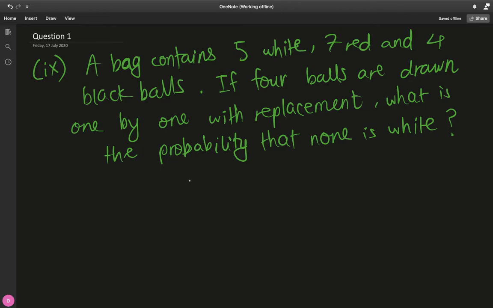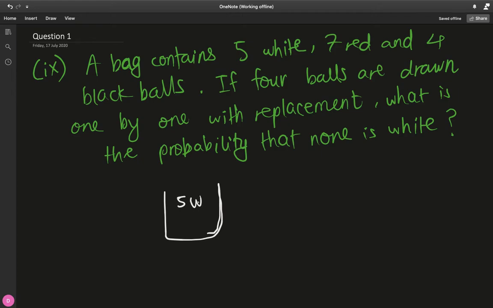Okay, so subpart 9, a bag contains 5 white, 7 red and 4 black balls. If 4 balls are drawn one by one with replacement, what is the probability that none is white? So we have a probability question now. None is white, so we need to separate between white and non-white balls. Let's have, say, 2 containers just for our understanding.